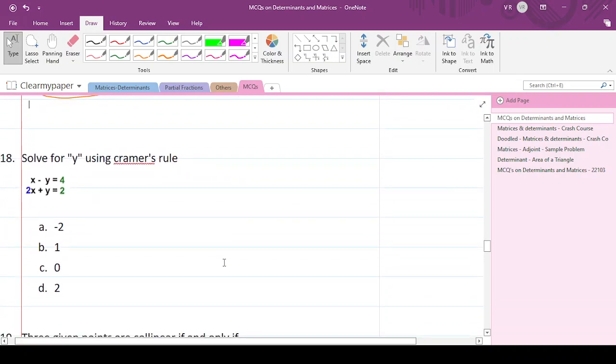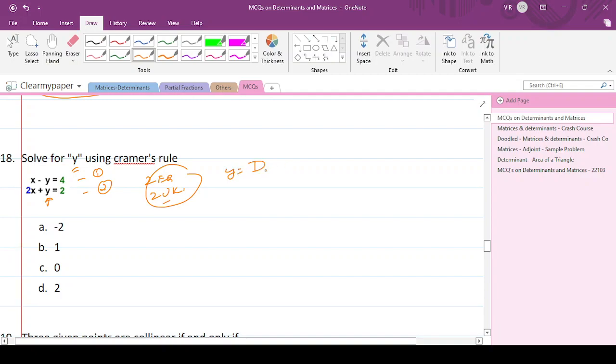Okay, now the question on Cramer's rule. Solve for y. These are 2 equations, and this is called simultaneous equations or a system of linear equations. We have got 2 equations and 2 unknowns, and we know that we can use Cramer's rule as one of the methods to find the value of the unknowns. In this case, they're asking you to find the value of y, and we know Cramer's rule for the value of y.